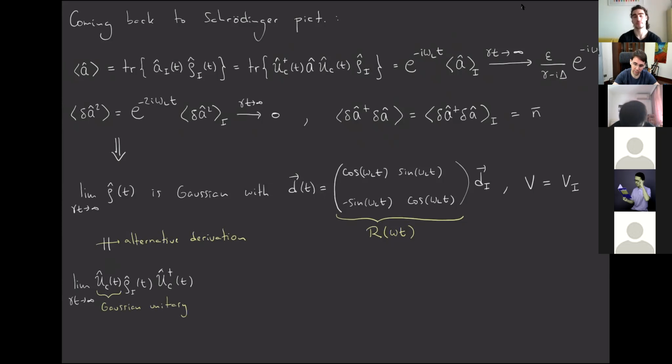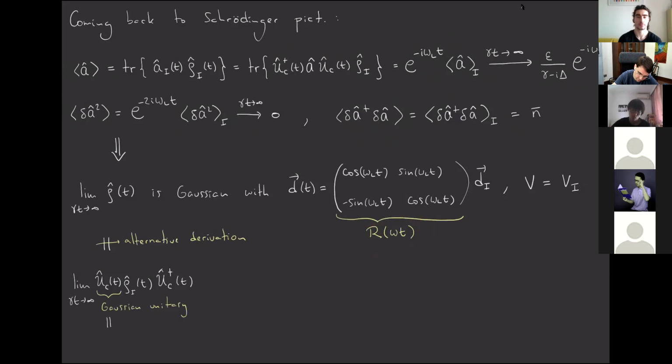It just acts with this. It's a phase transformation, so it acts with this rotation. This is something we saw in chapter 2. And we already saw in chapter 2 the transformation rules: when you apply a Gaussian unitary, how do you change the first and second order moments, the mean vector and the covariance matrix of the Gaussian state, right?